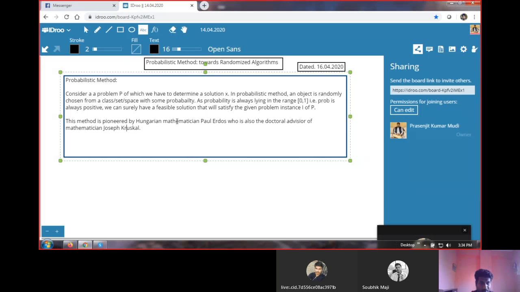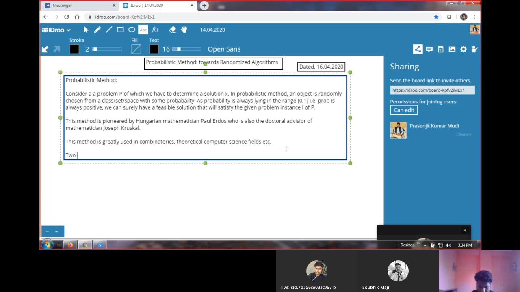So Paul Erdos was the mathematical scientist who was also the doctoral advisor of Kruskal. This method is used in combinatorics and theoretical computer science.